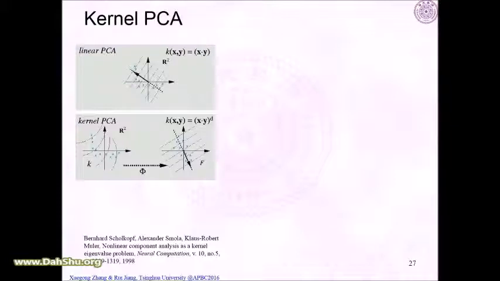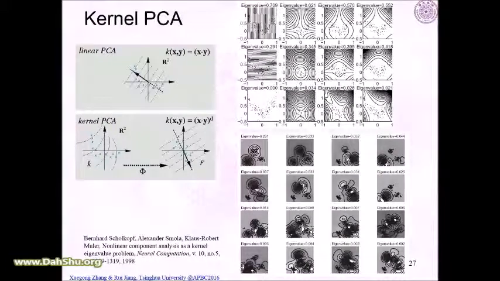So these lines are the ISO lines, and on this nonlinear dimension, the projection values of this direction are equal on this nonlinear direction. So these are some toy data examples of how kernel PCA can reveal underlying nonlinear structures in the data.